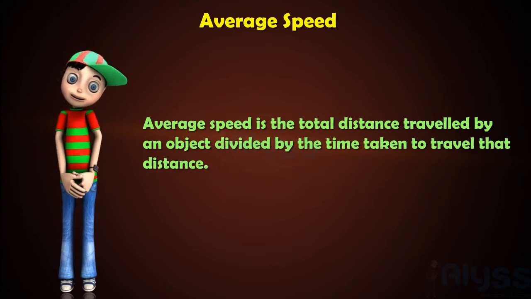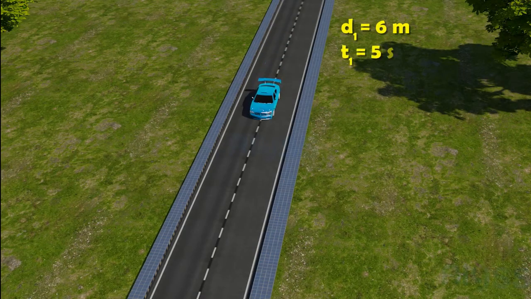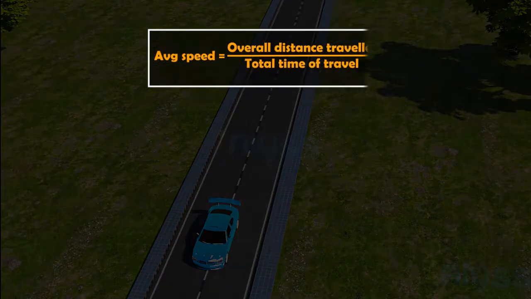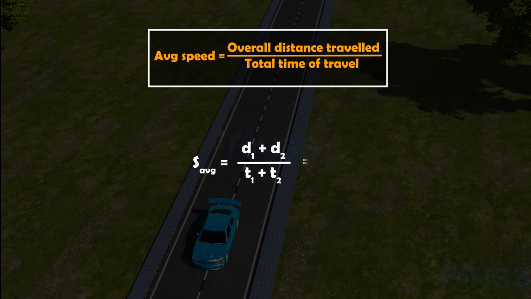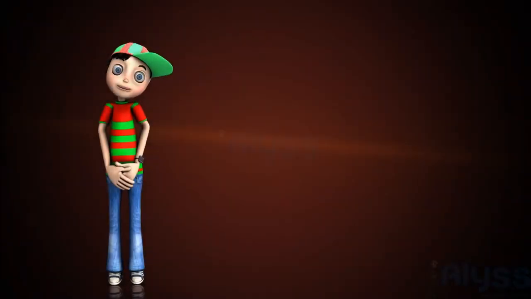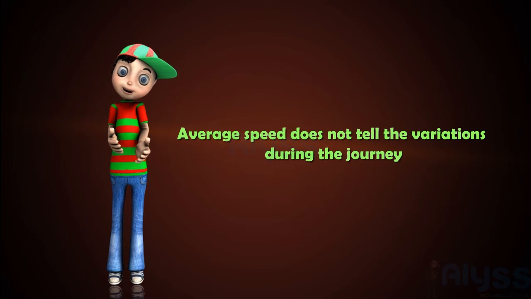For example, if a car covers the first 6 meters distance in 5 seconds and the next 10-meter distance in 3 seconds, then the average speed of this car will be the total distance traveled, 16 meters, divided by the total time taken, that is 8 seconds. Then the average speed of this car is 2 meters per second. That means the average speed does not tell the variations during the journey.